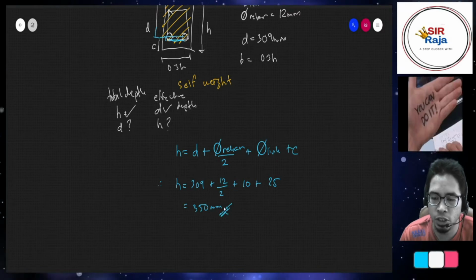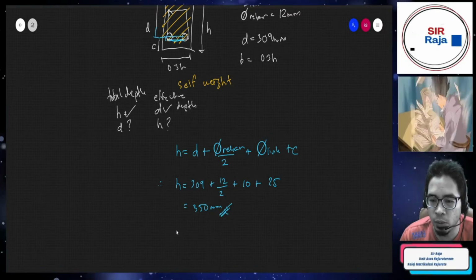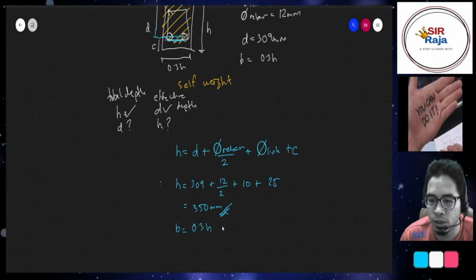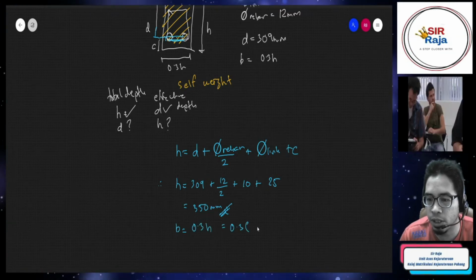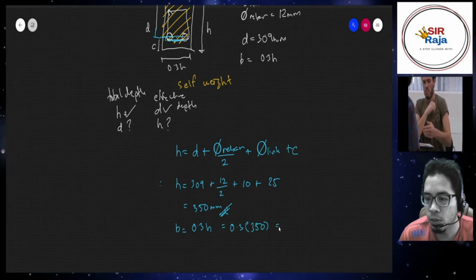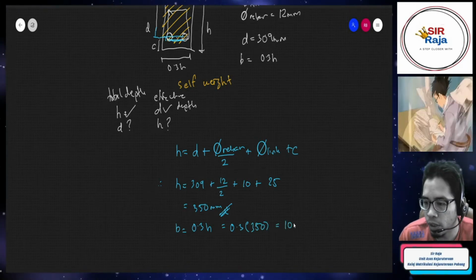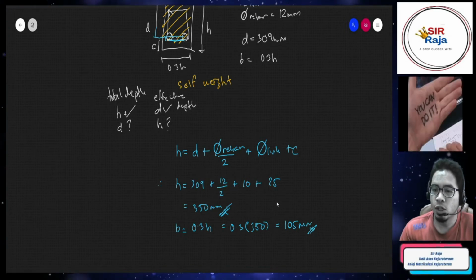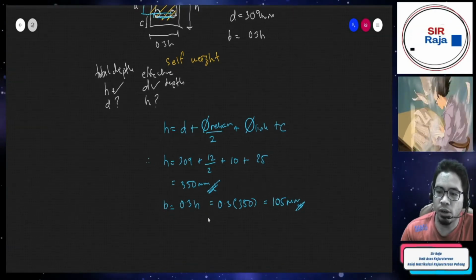That is our H. Now we can straight away calculate B, where B is equal to 0.3H, which is 0.3 times 350, which is 105 mm. With this information, we can redraw the cross section.